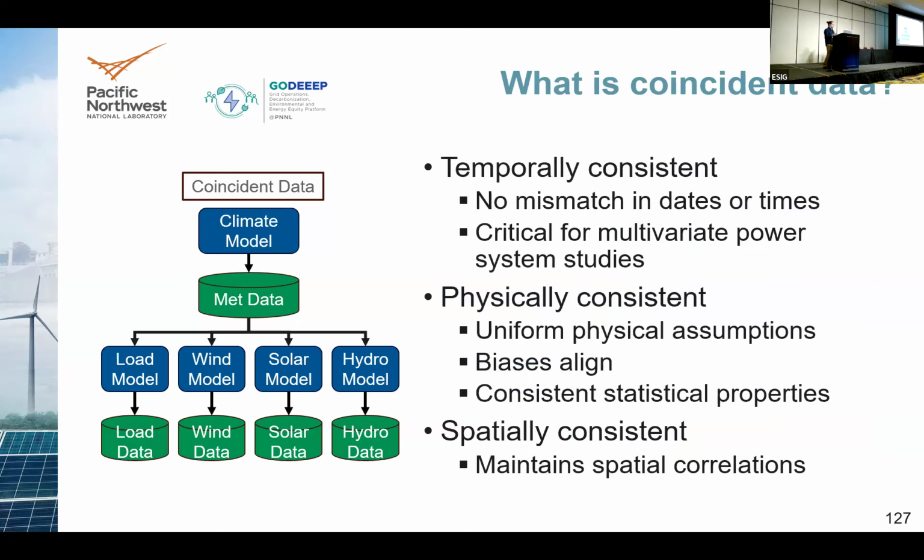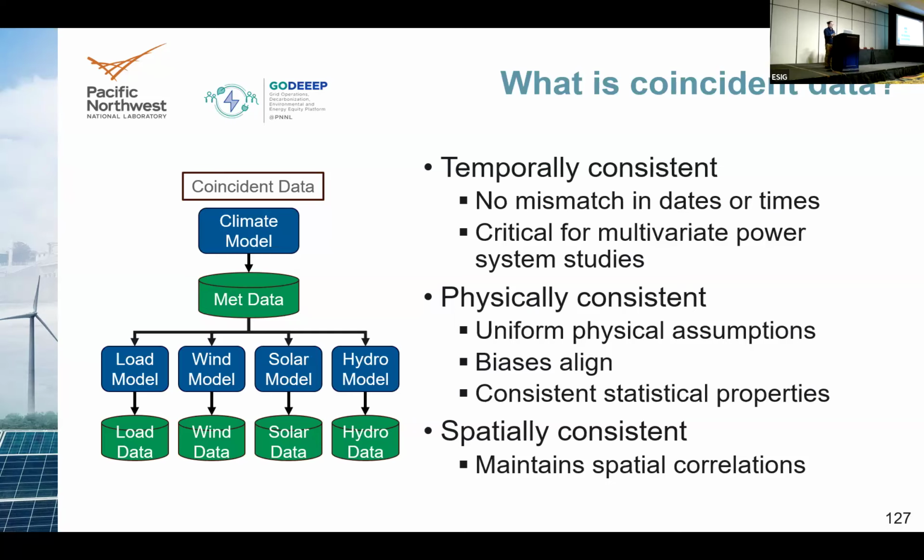In a coincident data set, there are no mismatches in dates or times. This is particularly critical, and I'll talk about this more later, if you're looking at compound extreme events, for example. You want to know that these events are happening at the same time across different variables. There's also physical consistency in coincident data.